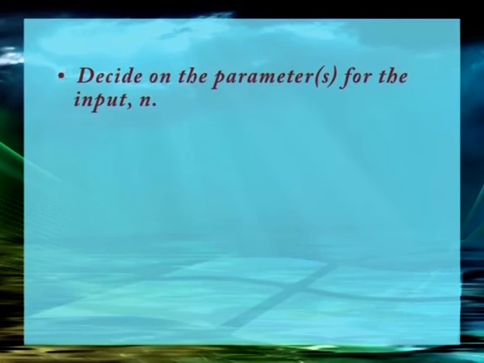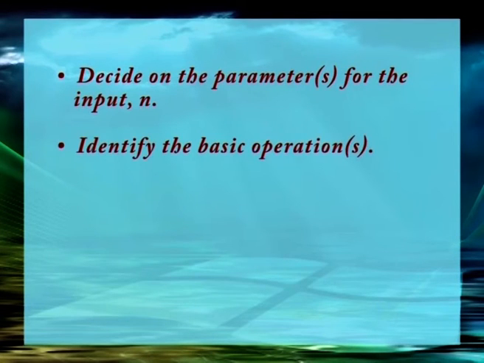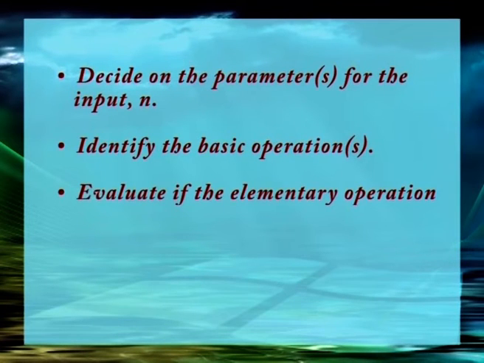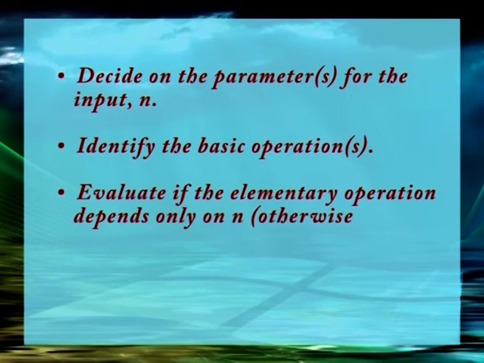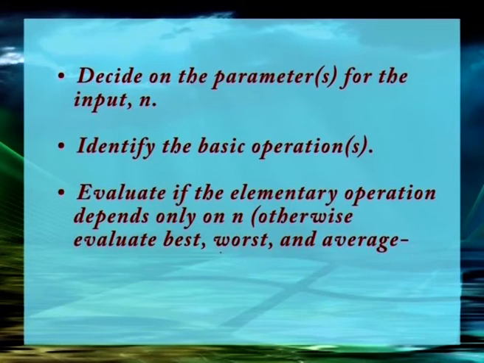Thus, the general strategy to theoretically analyze the efficiency of an algorithm as a function of the size of the input n in terms of basic operations is: first, decide on the parameters for the input n; second, identify the basic operations; third, evaluate if the elementary operation depends only on n, otherwise evaluate best, worst and average case separately, which we shall be discussing in the next lecture.